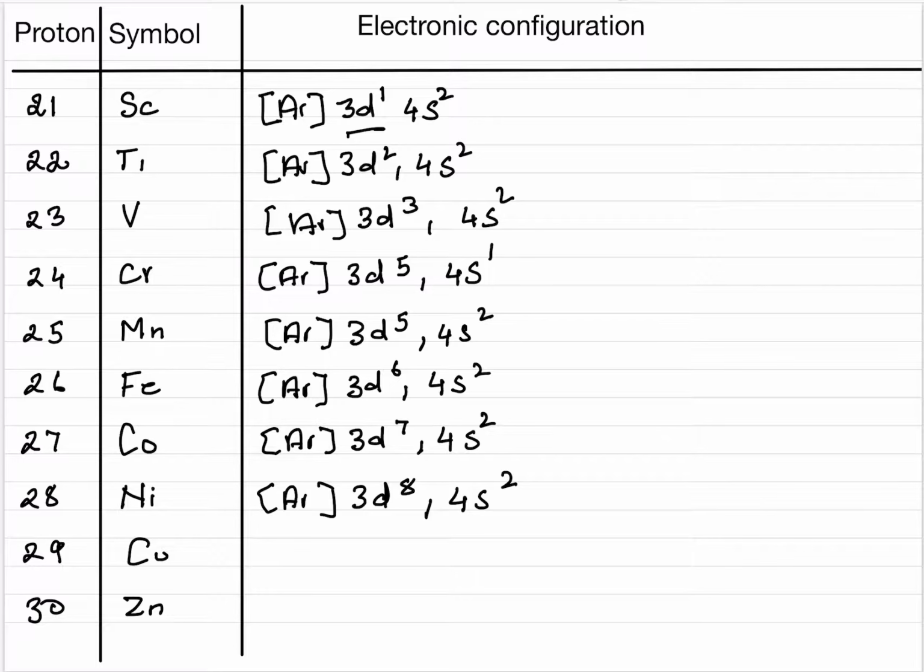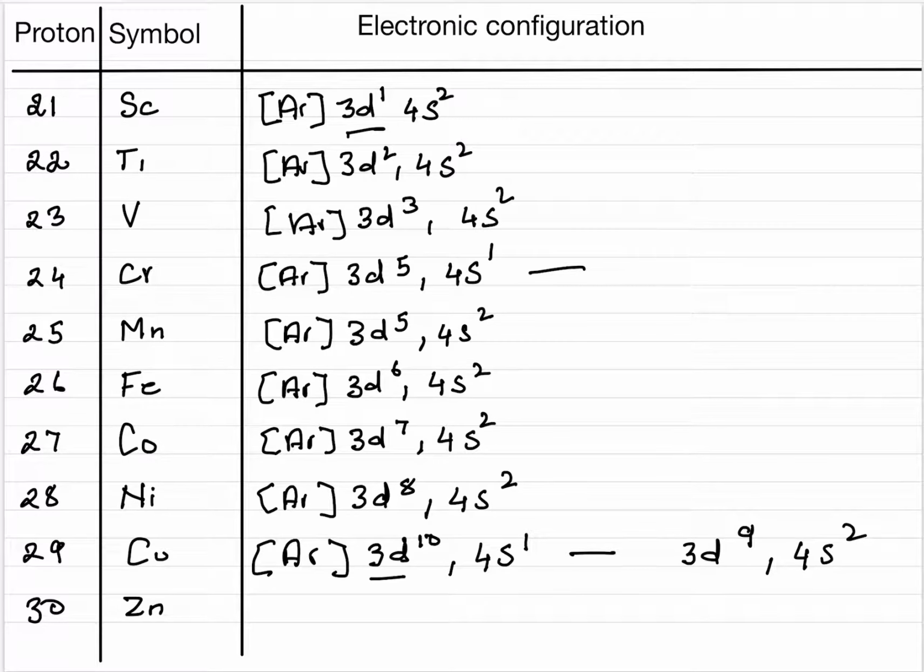If you look at copper, again you will see we are writing 3d10 and 4s1. So you saw in chromium and again in copper, instead of writing copper as expected as 3d9 and 4s2, we write this one.